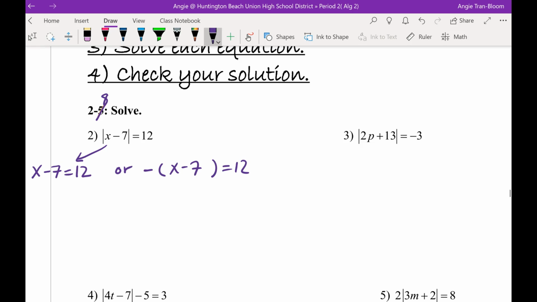Anthony, help me solve on the left side here. Add 7 to both sides. So what happens if you add 7 to both sides? You mean 19? Yes, x equals 19.